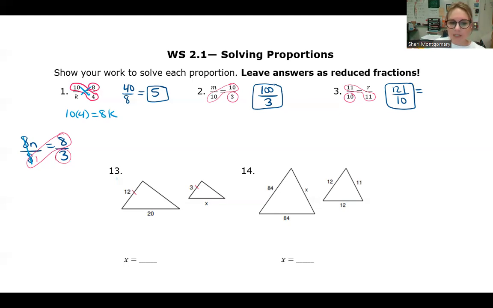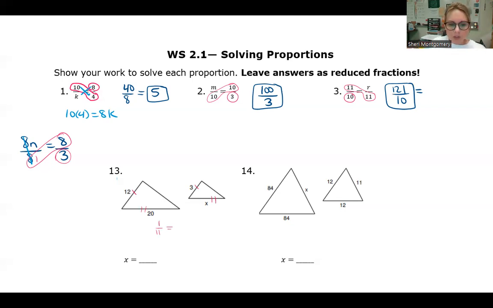That means the 20 and the X go together. See how those both have 1s and these both have 2s? I'm gonna put the 1s on the top and the 2s on the bottom. It doesn't matter, you could switch it.